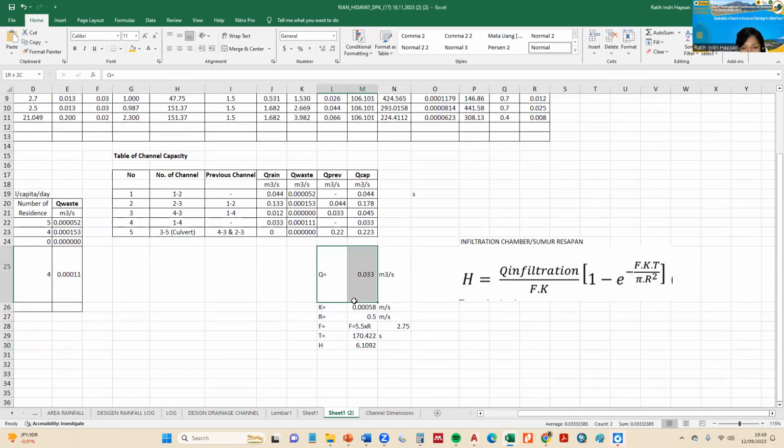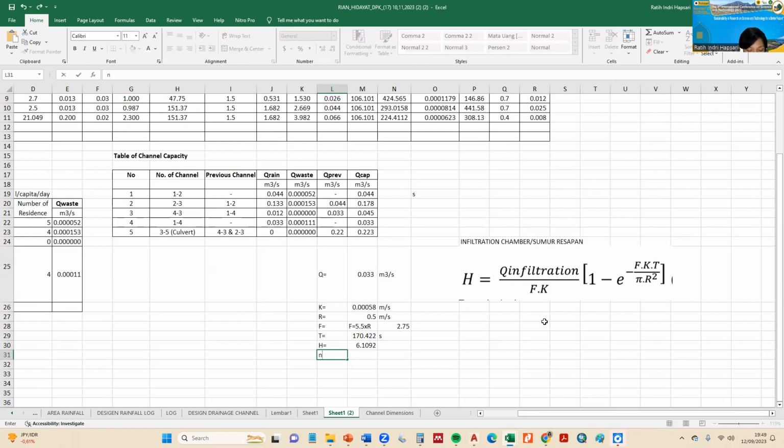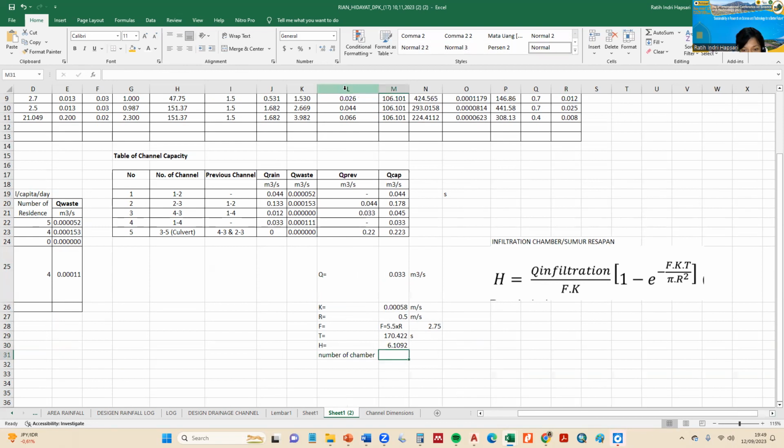So if you want to reduce the size of the infiltration chamber, we can make the number of chambers 2.